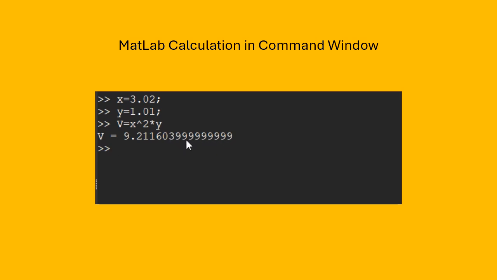I think this probably would round off to just 9.211604. The fact that we got a bunch of nines indicates to me that we had just a little bit of error due to the fact that the values of x, y, and v could not be stored in the variables exactly, because they were stored in binary form, base 2 arithmetic, basically.